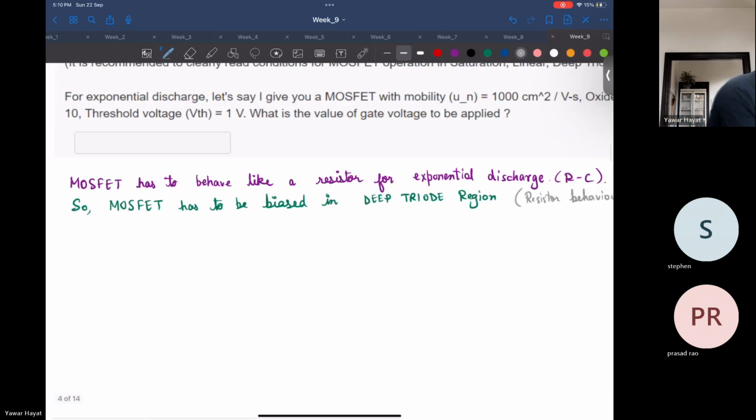Now, your R is equal to 1 by mu n Cox W over L, your VGS minus VTH.